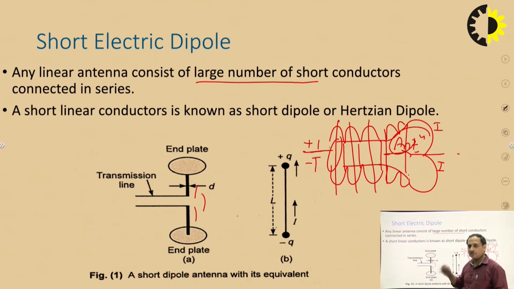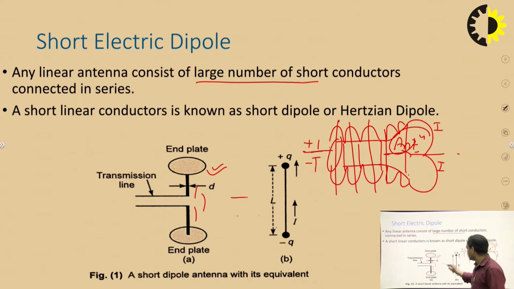Because of the oscillations of the charges, at some instance of time the positive charges are accumulated onto this plate, and at the bottom one the negative charges are accumulated.